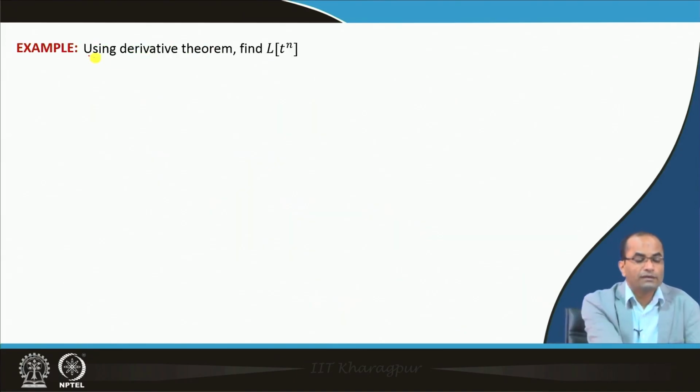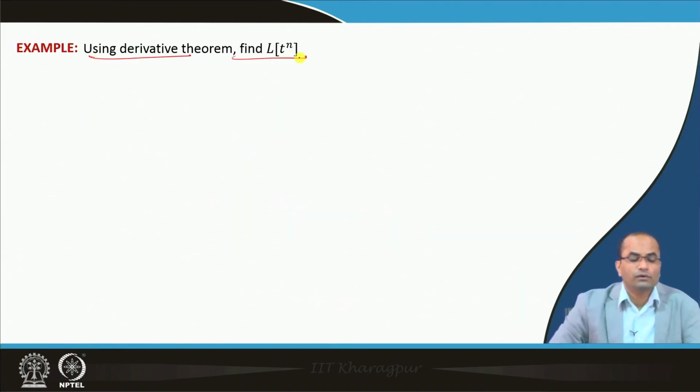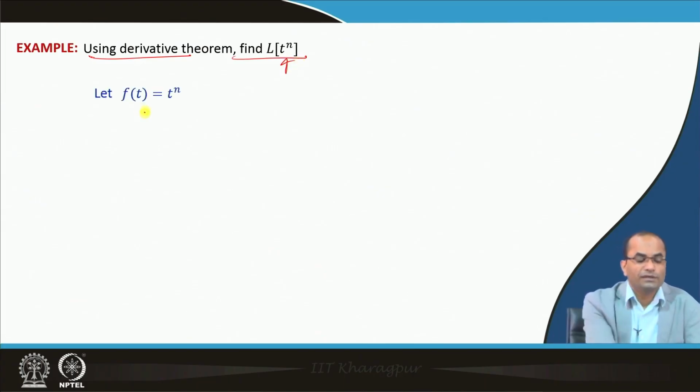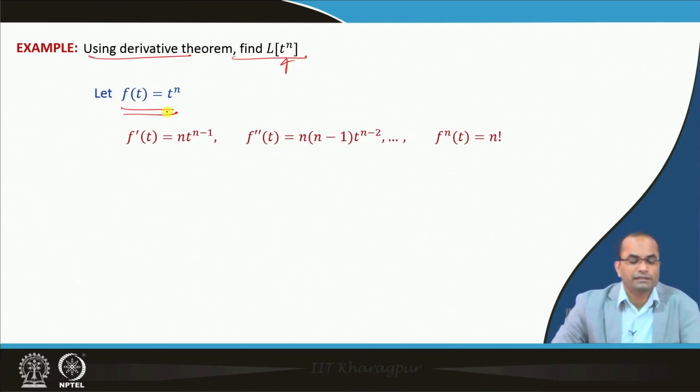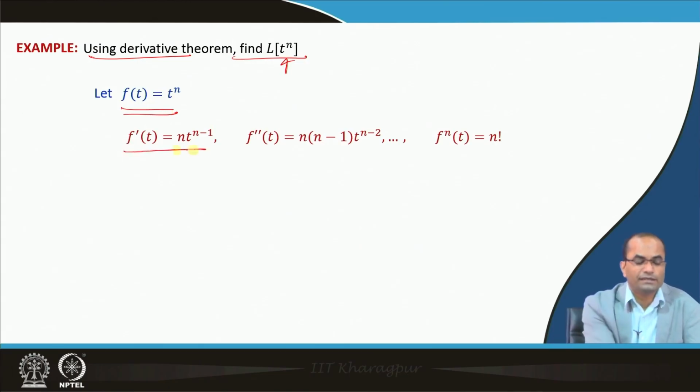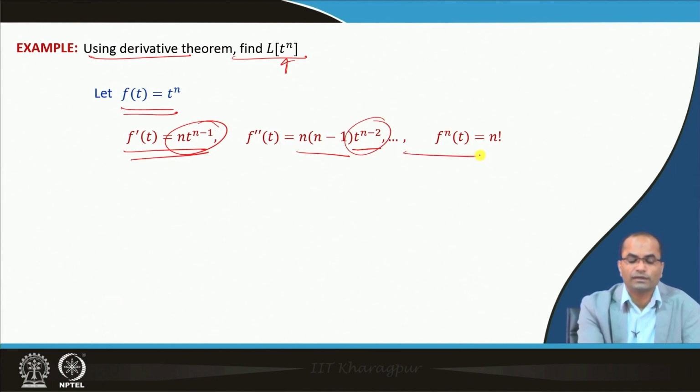Using this derivative theorem, we will also find the Laplace of t to the power n, which we have already evaluated, but this demonstrates how easy it is to get this Laplace transform using the derivative theorem. We know that if f t is t to the power n, then its first derivative is n t to the n minus 1, then n times n minus 1 times t to the power n minus 2, and so on.